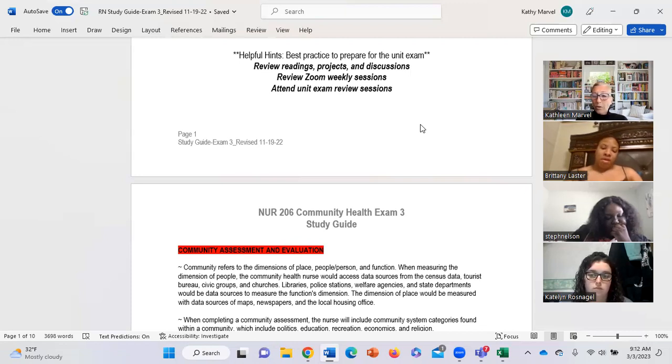If you get to portions of your study guide that you don't understand, or you think, I remember they covered that, but even after reading the study guide I just don't have a good understanding of it, go back to that chapter and read that section. Go back to that week of lecture. Hop on the lecture and go find that area that was covered. But what I tell students is if you have a good understanding of the study guide, you're going to do great on the exam.